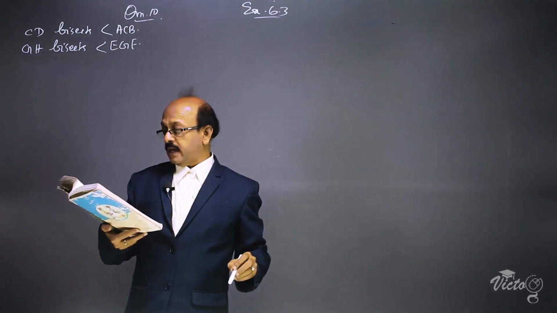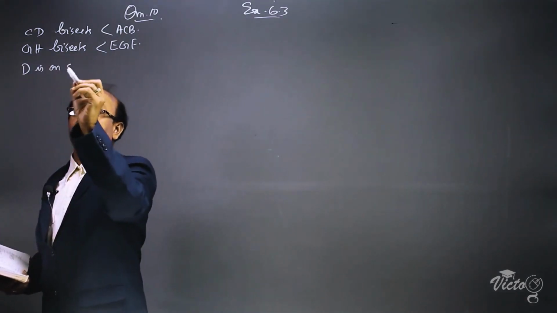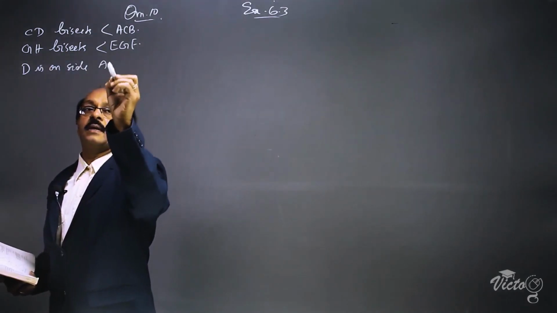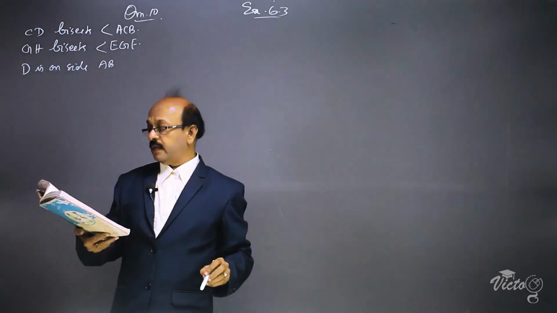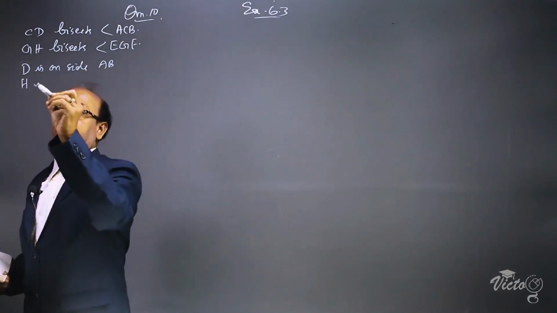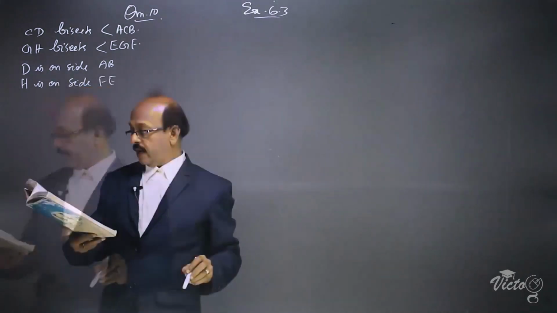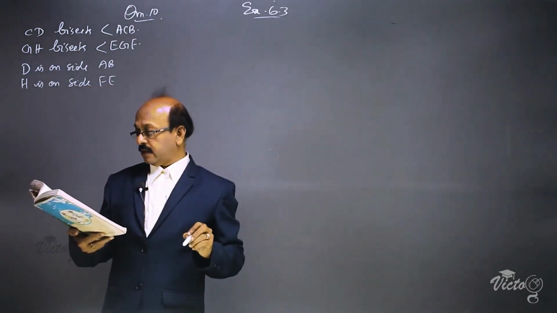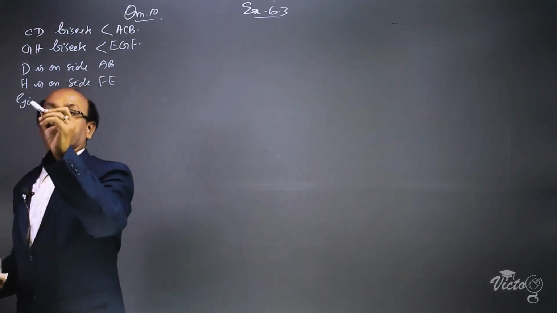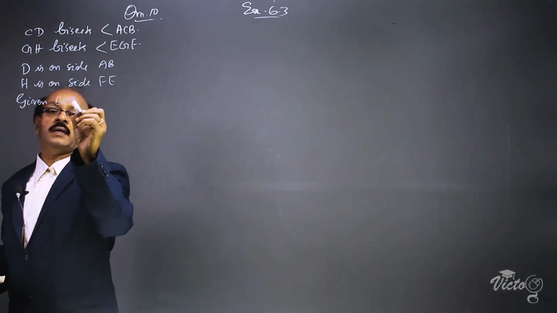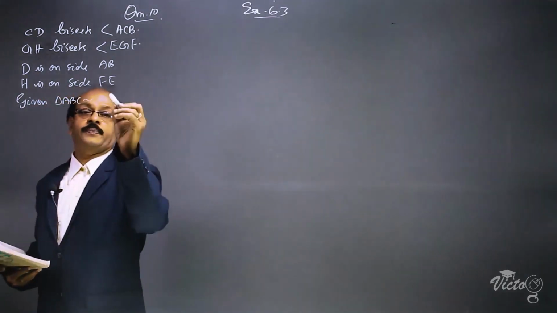D is on side AB and H is on side FE. We have to prove that, given that triangle ABC is similar to triangle EFG.